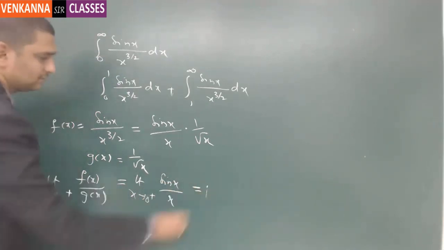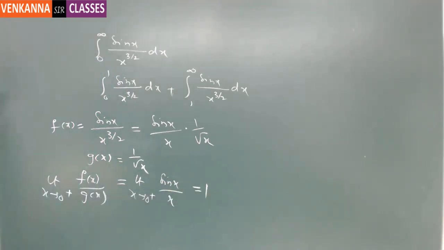This is equal to 1, which is a non-zero and finite value. Therefore, by the limit comparison test, the integral from 0 to 1 of f of x and the integral from 0 to 1 of g of x both converge or diverge together.